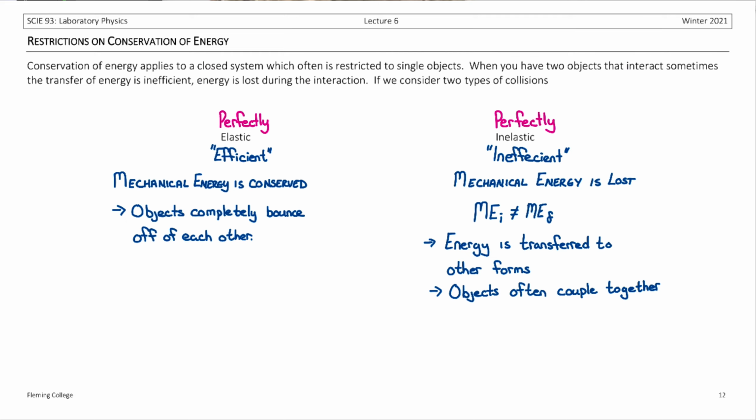Now you'll see that I added "perfectly" in pink to both of these words. That's because the truth is that all collisions in the real world fall somewhere on a spectrum, which means moments of the collision are sometimes elastic and sometimes inelastic, and it all depends on a lot of complex factors.